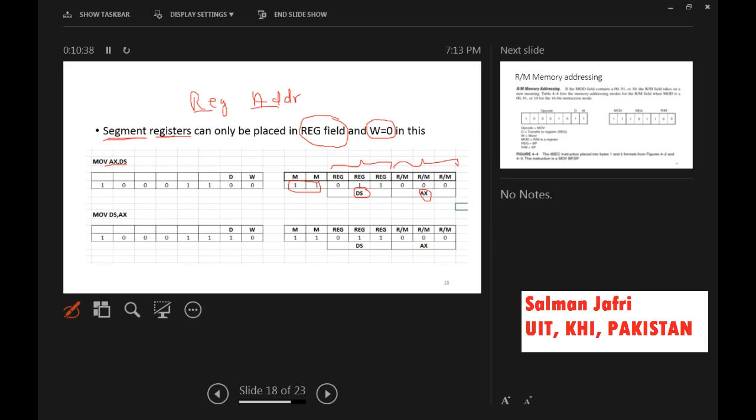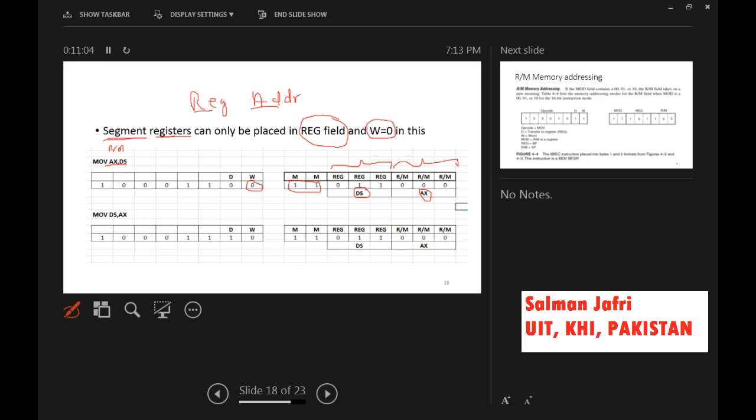What about the first byte? In the first byte again W would be 0 in this case. The REG contains the code for DS and R/M holds the AX.